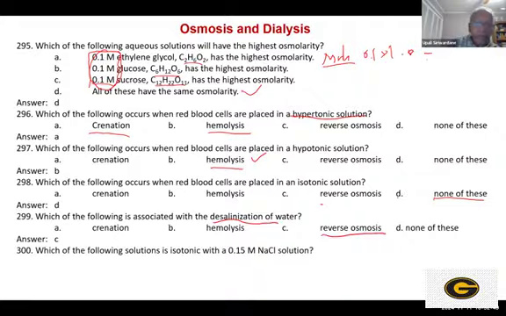Which of the following is isotonic? We talked about this. This is the saline solution of sodium chloride. Molarity is 0.15. We also talked about the same weight by volume.